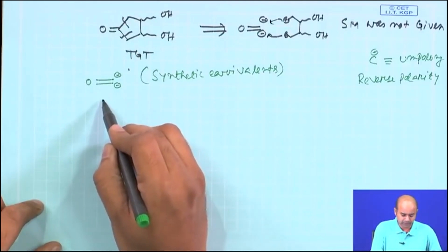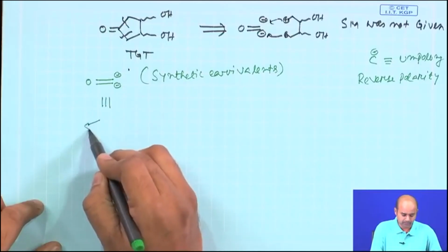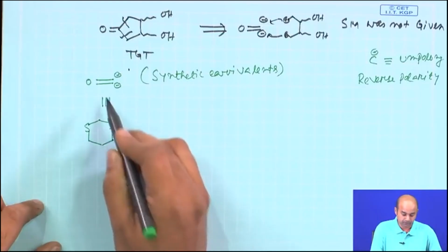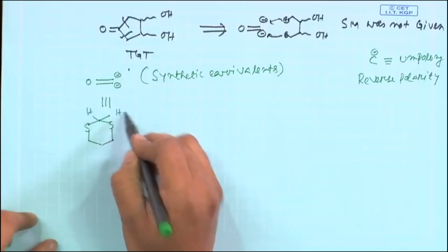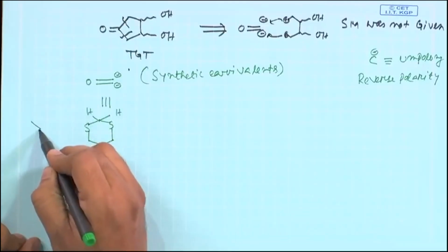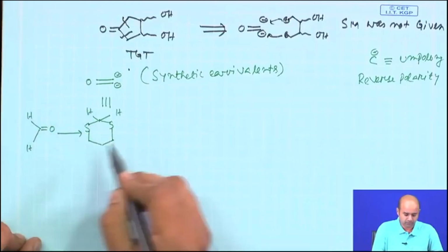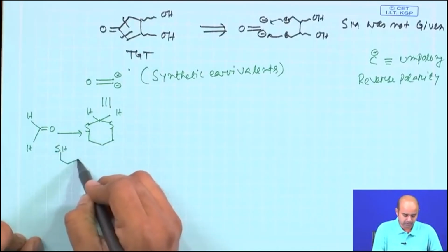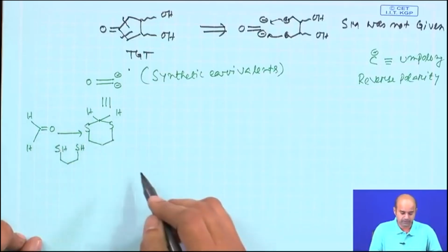As I said, this kind of species you will not get in reality. So, you have to think about some chemical compound which will yield this species. This is 1,3-dithiane from formaldehyde. If you take a molecule of formaldehyde, and react with 1,3-propanedithiol, which is a thiol compound, the aldehyde will react and give a 1,3-dithiane species.